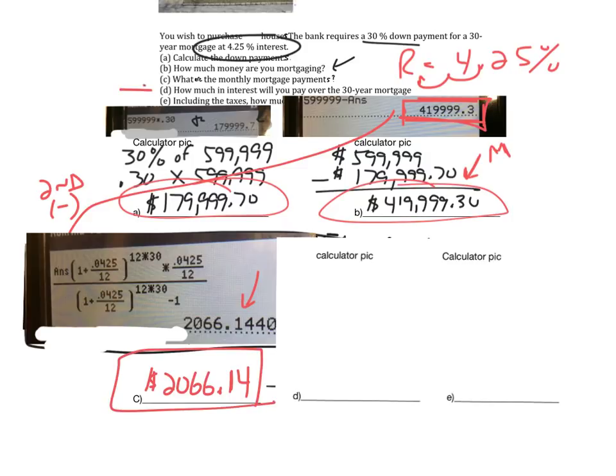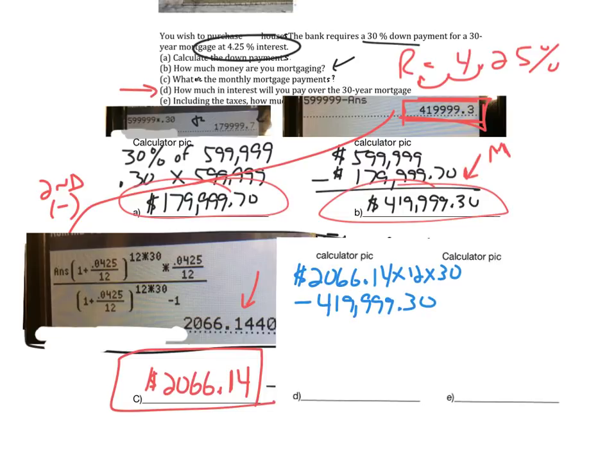How much in interest are you paying? Well, we're going to take the $2,066.14. I'm going to multiply it by 12 and then by 30. 12 because we're making monthly payments, 12 per year over the 30 years. And then we'll take that and subtract the $419,999.30 that we're borrowing.